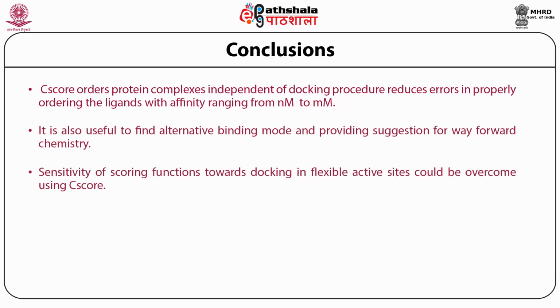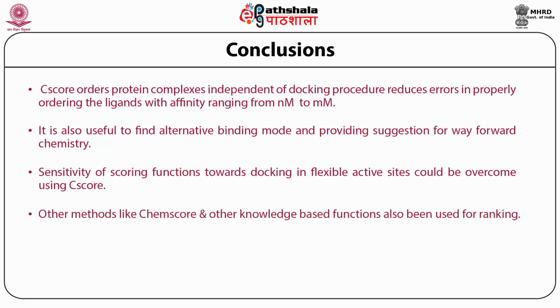It is also useful for alternate binding modes, because it gives you the opportunity of exploiting many new interactions for the medicinal chemist. Scoring functions for docking in a flexible active site can have this problem even when using C-score. So chem-score or other knowledge-based functions should also be used for ranking.